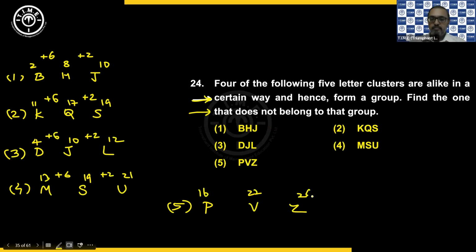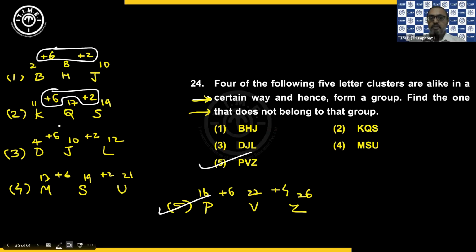So here I'm getting +6, but here I'm getting +4. So I can clearly say that it is the fifth option, where it is not following the logic that we have in the remaining 4 options, +6 and +2. Correct? Yeah. So that's the logic we have. Okay. Choice 5. All right.